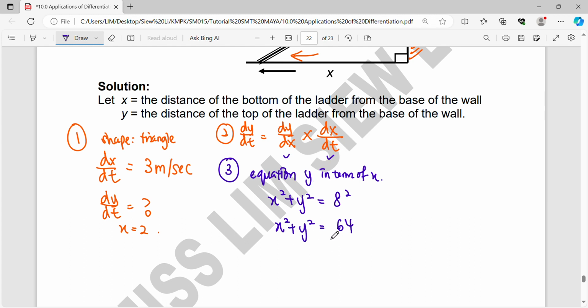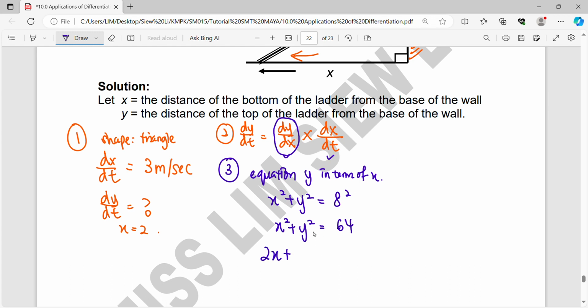We have only x and y, but this equation is not explicit. So when we want to differentiate it, we are doing implicit differentiation. So we differentiate with respect to x, since our objective is finding dy/dx. Differentiating implicitly, x squared gives 2x.